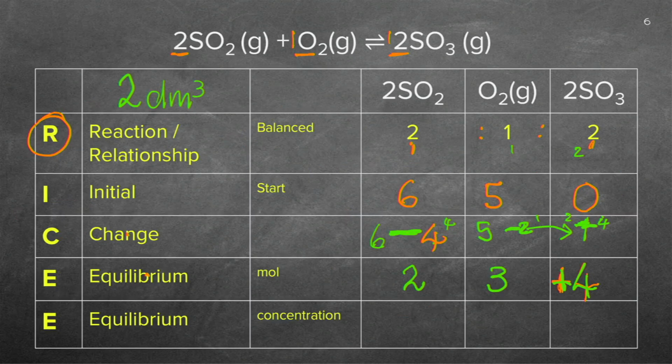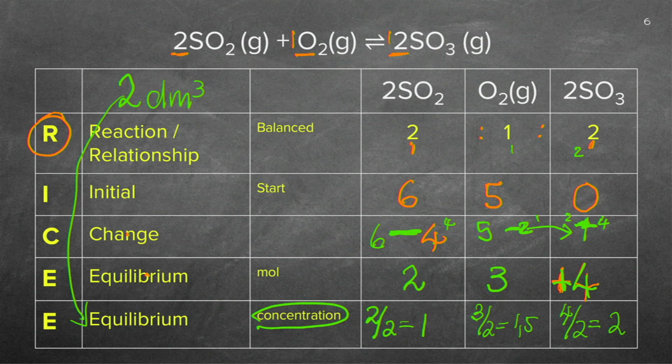So I know I've got to do the last step. So I've got 2 mole in a 2 cubic decimeter, which gives me 1. 3 in a 2, which gives me 1.5. And 4 in a 2 container, giving me 2. So now I've got my concentrations at equilibrium.